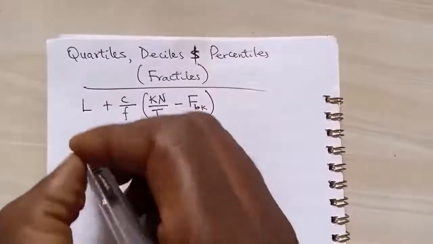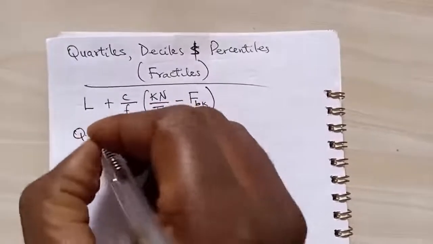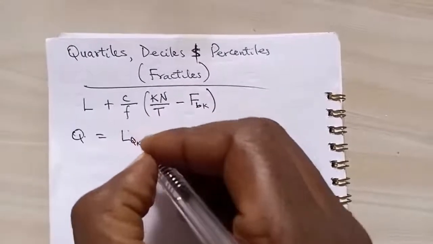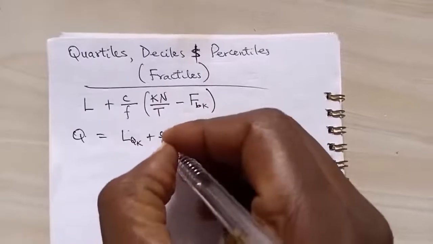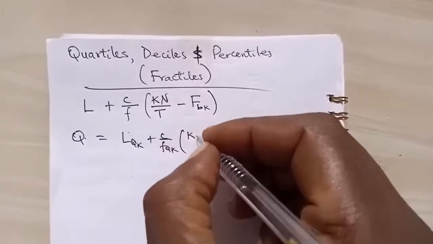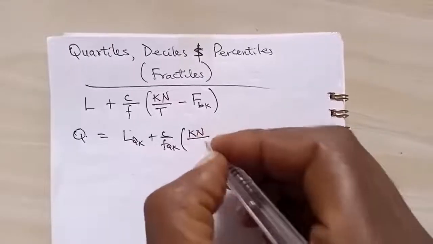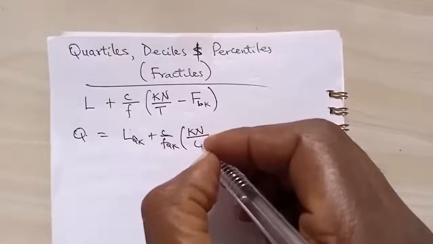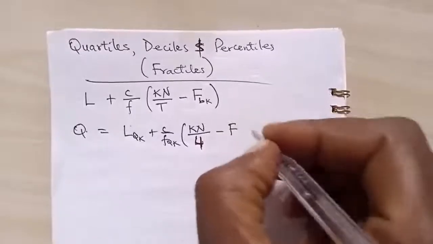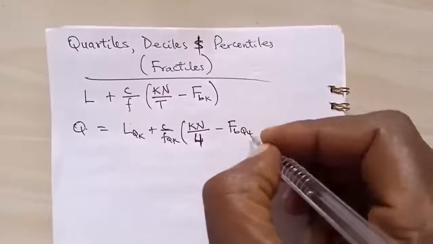For example, if we are looking at quartiles, the quartile is equal to L, the lower class boundary of that particular quartile, plus C over the frequency of that particular quartile, into the particular quartile you're looking at, multiplied by the total number of items, or summation f, divided by 4, minus the cumulative frequency of the class before the quartile that you're looking at.